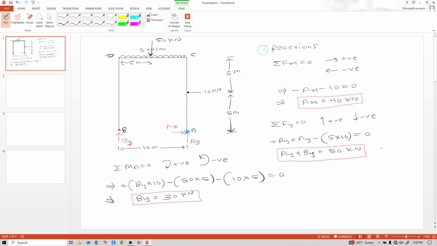Now put this By in this equation 1. So Ay equal to 50 minus 30 is 20 kilonewton.